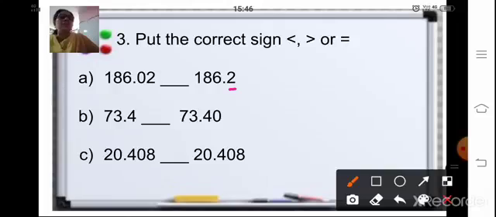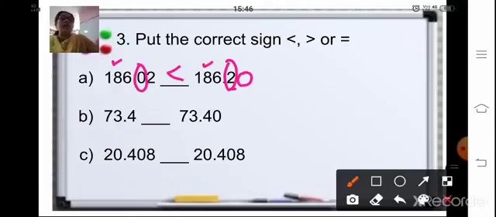So to make it into like decimal, if we add a 0 here, this number becomes 186.20 and this number is 186.02. Now the integral number is same, so we'll see the number in the 10th place. Here the number is 0 and here the number is 2. So which is greater? The second number is greater, so we'll put a greater sign.